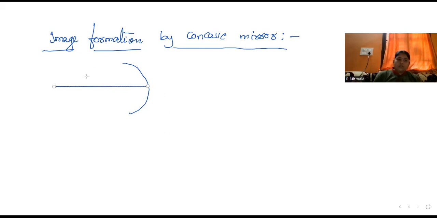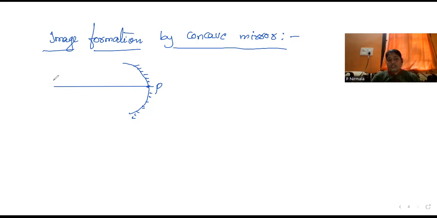Okay, see, look at, I have taken a concave mirror, right? So roughly, it's a very fast revision, that's why I'm not giving a label to everything. I'm only going to give the important ones here. So the source we are taking at infinity.